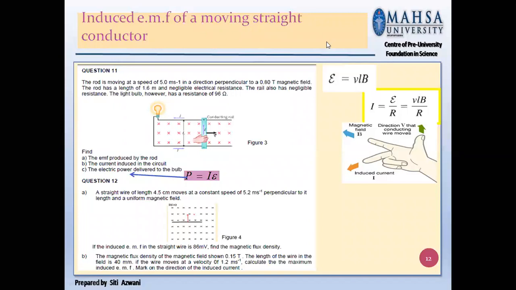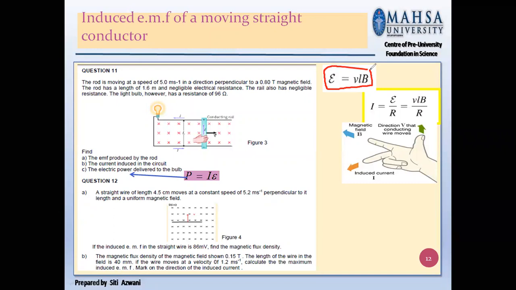now your formula is E equal to VLB. Previously, you had induced EMF in a coil, and induced EMF in a rotating coil. You have a different formula.